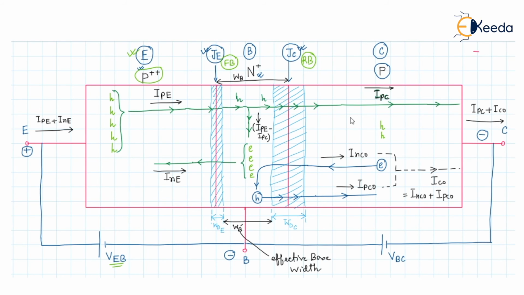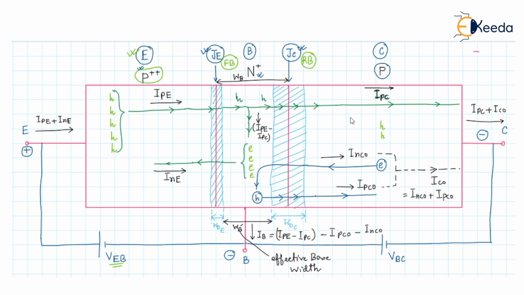Similarly, in the base region, the base terminal will get the current which is flowing in the outward direction, and this base current can be written as IB equals IPE minus IPC, and some amount of current is flowing here, so that is minus IPCO minus INCO.